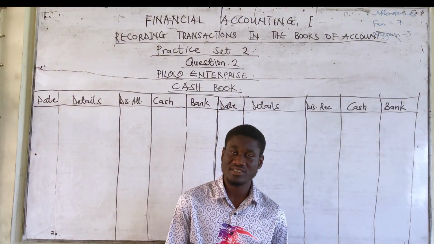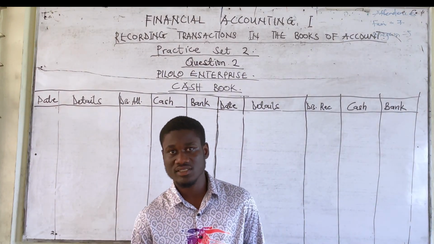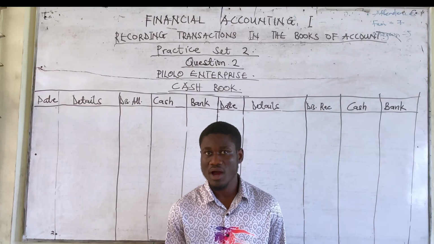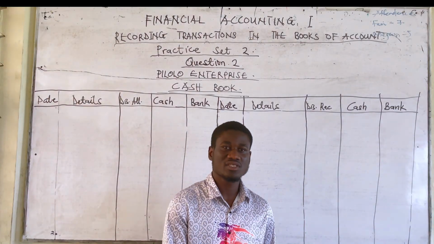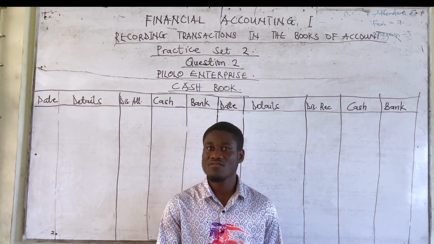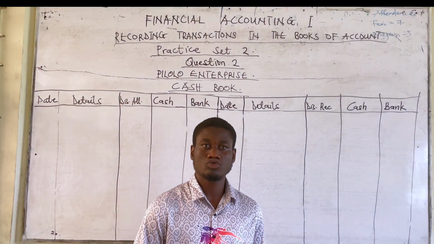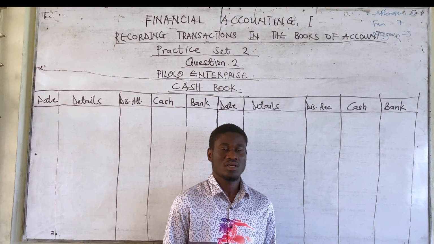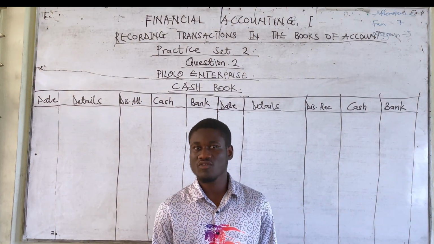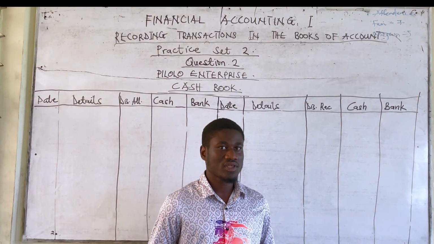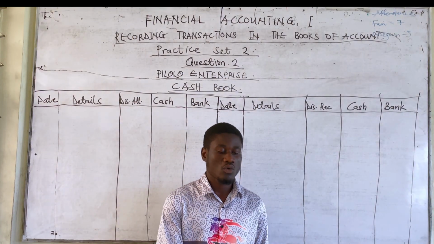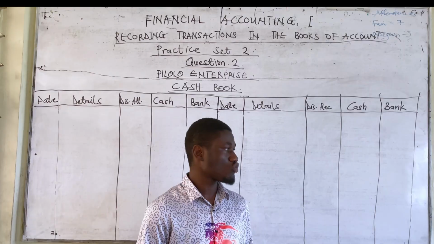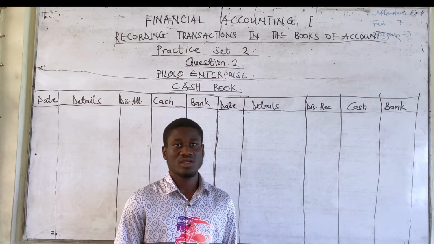Or the transactions are involving only cheques, we are going to open only the bank column. But if we see that the transactions are involving bank and cash, we are going to open the 2 columns. If we see that it's also involving discounts, we are going to open the 3 columns. So you have to know what the transactions are about to open the column for the cash book.